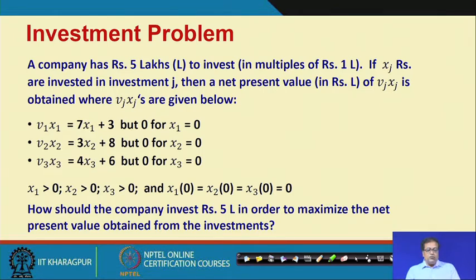So, the question is, how should the company invest these rupees 5 lakhs in order to maximize the net present value obtained from the investment? So, how do we go about this problem?